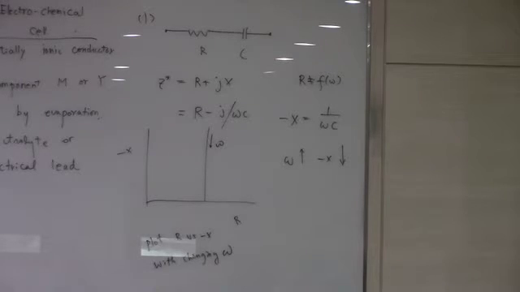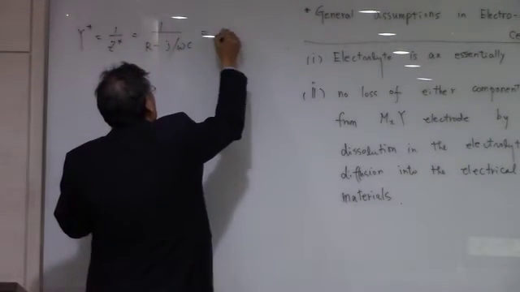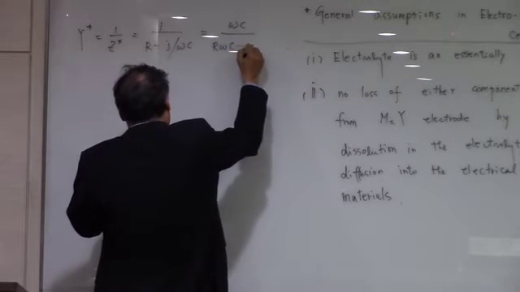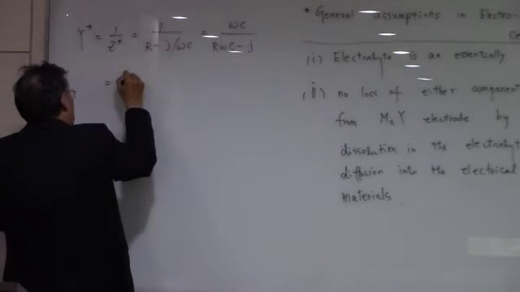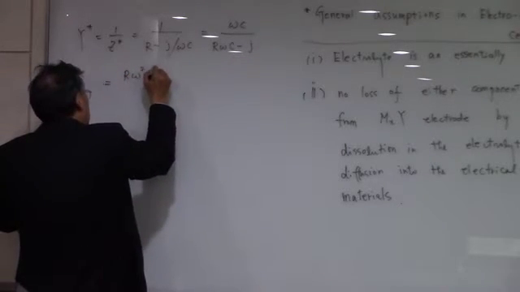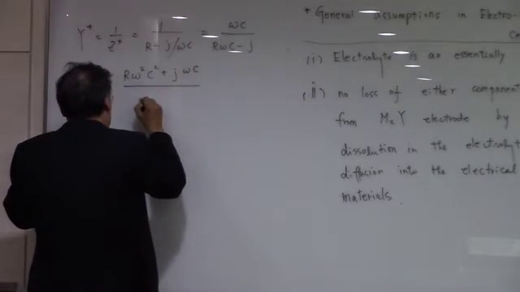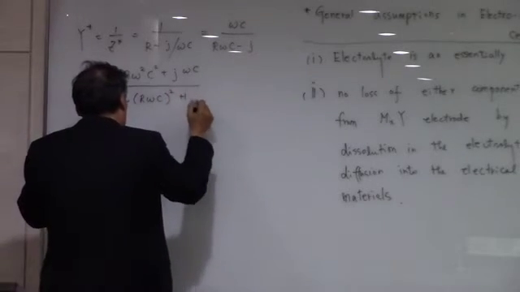And the admittance, which is 1 over Z star, is R minus J omega C over R square plus omega square C square, now equal to omega C over R omega C minus J, and then omega square C square J omega C over R omega C square plus 1.